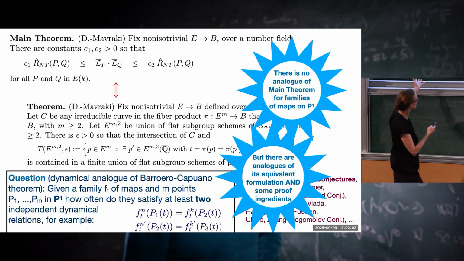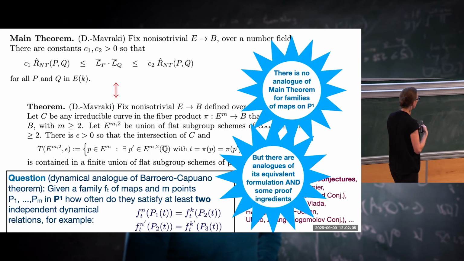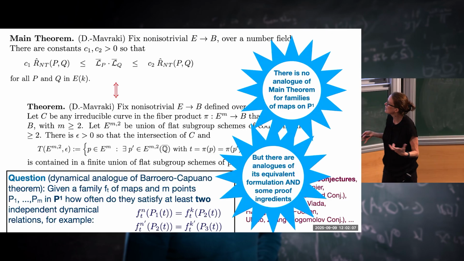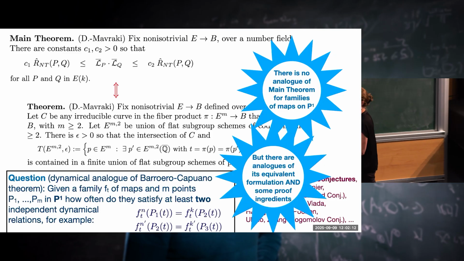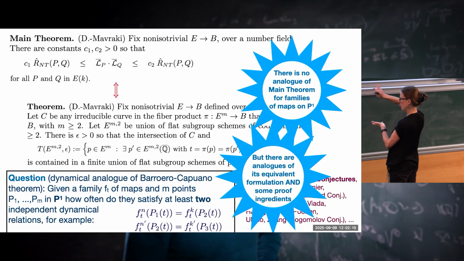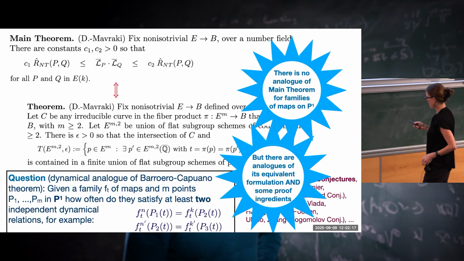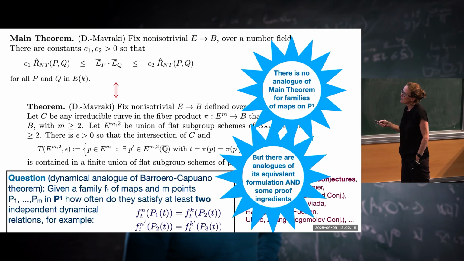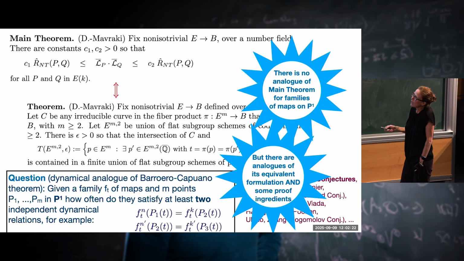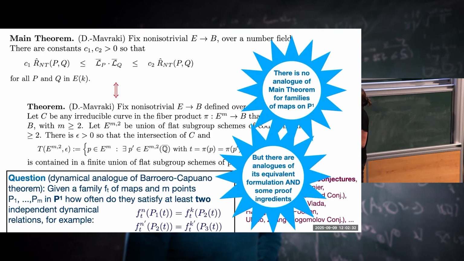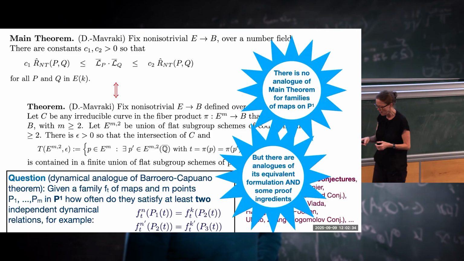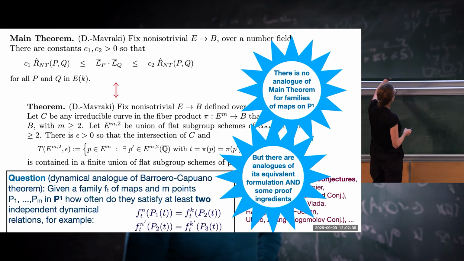Given a family of maps, F, and let's say you have M points in the projective line that you're marking, thinking of them as sections of your B cross P1 over the base, B. So given M geometric points, at how many parameters can they satisfy at least two independent dynamical relations? For example, suppose you have 3 points that depend on your parameter, T. Remember I always call the parameter T here.